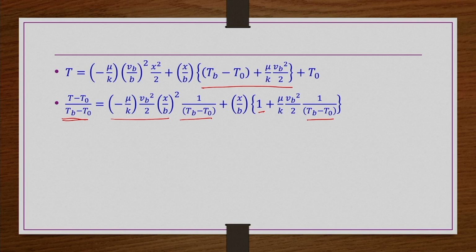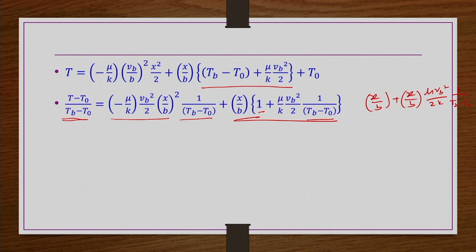Okay. So, now this term, if you expand, is x by b plus x by b, mu Vb square by 2k, 1 by Tb minus T naught. This is what we are having.